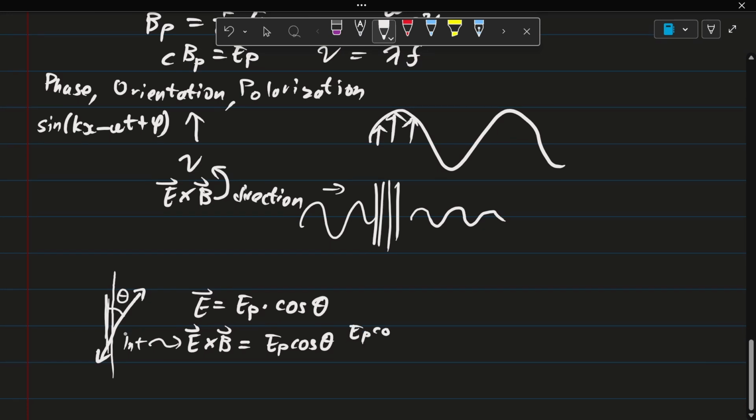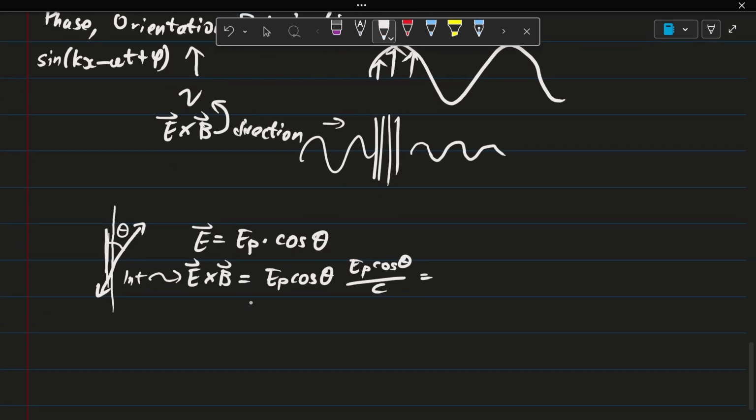So it's E_P cosine theta over c. Actually, we could just write this as B_P. So we get E_P cosine theta and B_P cosine theta.